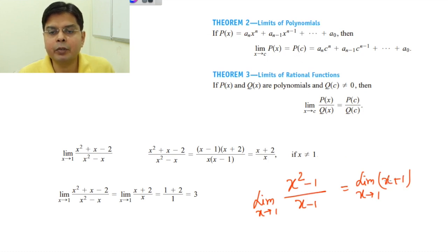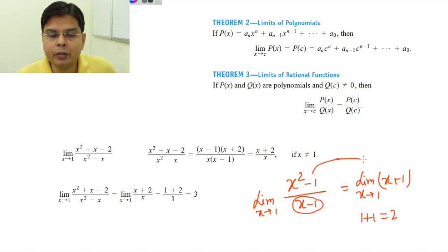In place of x, I can write 1, so I get 1 plus 1 is equal to 2. And all the tricks which we will learn in coming lectures will be how to remove this x minus 1 from the denominator, or how to go from this x square minus 1 by x minus 1 form to this x plus 1 form.